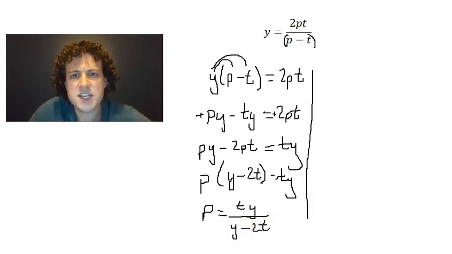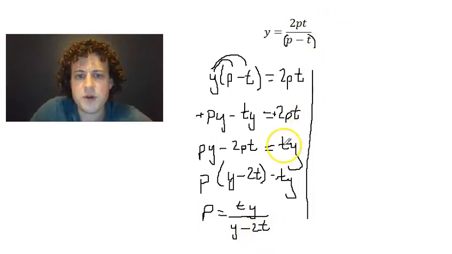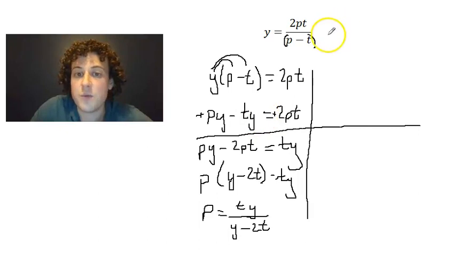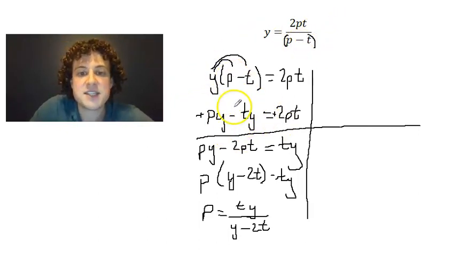Well, what if it was actually finding t? We said we'd do it both. Well, actually, it's the same up until this point. Exactly the same. We have a t in the denominator, multiply it up, expand the bracket. But this time, we want to bring all the things with a t in to one side. So if we just add the ty, it is negative, we just add that, we're going to get it on the other side.